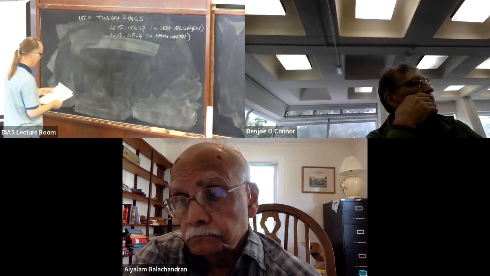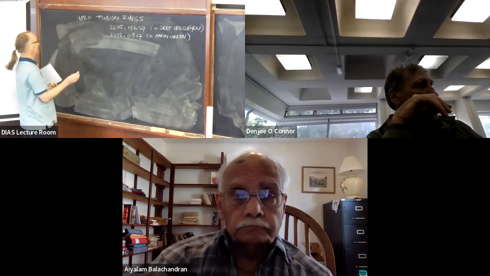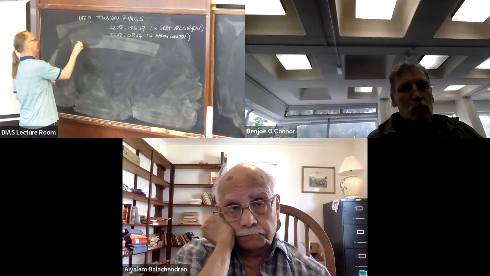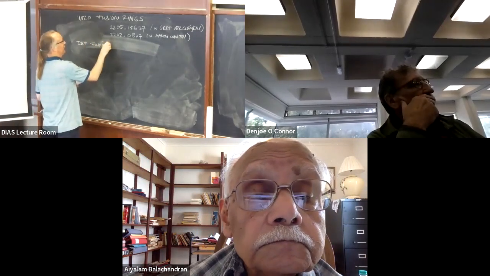Okay, so first of all, I need to define a fusion ring. What is a fusion ring? I'm not going to immediately give you a formal definition, but I will tell you what would be necessary.